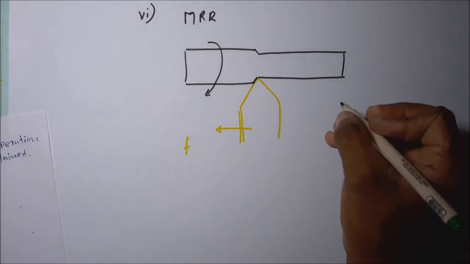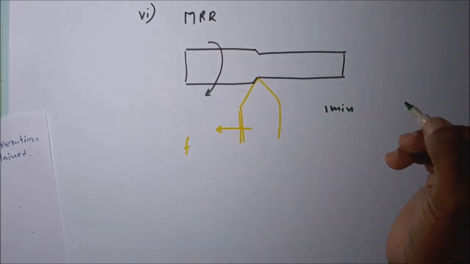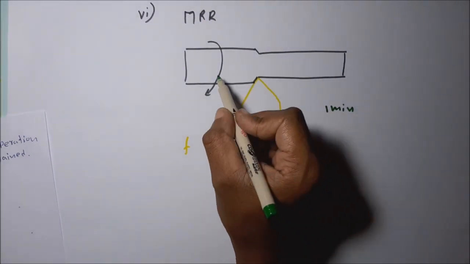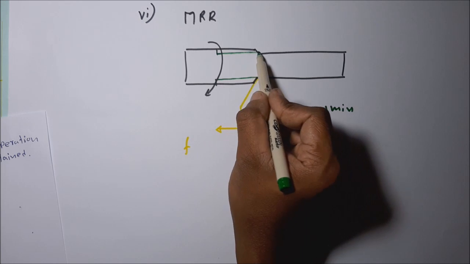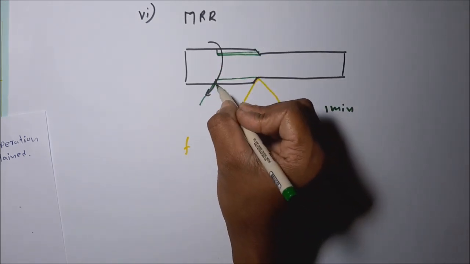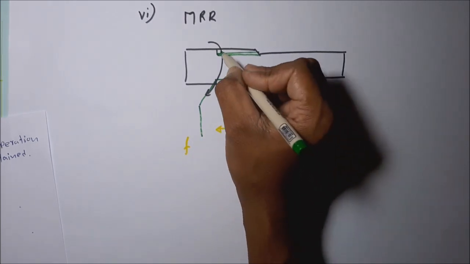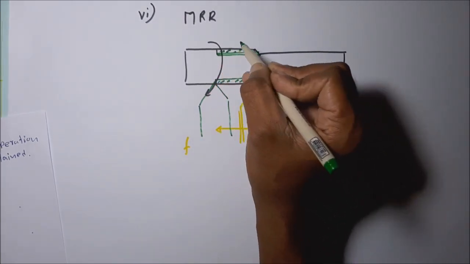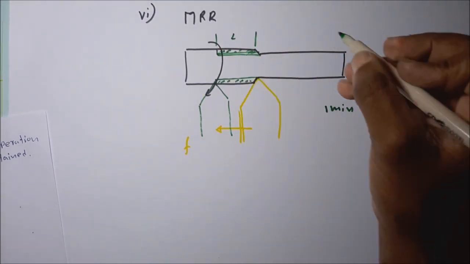So I am taking 1 minute. In 1 minute, what is the tool travel? Let's assume the tool comes to this kind of position after 1 minute. Then this is the length, this is the volume removed in a 1 minute period. So what is this length L?